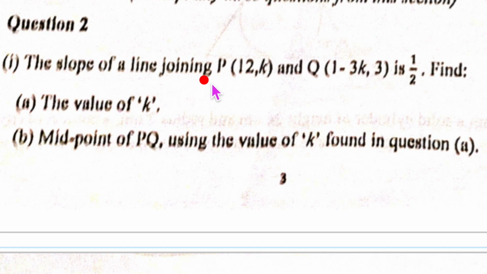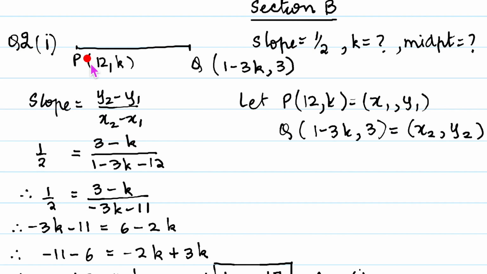First one, the slope of the line joining P (12, K) and Q (1 minus 3K, 3) is half. Find the value of K and the midpoint of PQ using the value of K found in the A part. So we'll first draw the representative diagram of the PQ line like this.